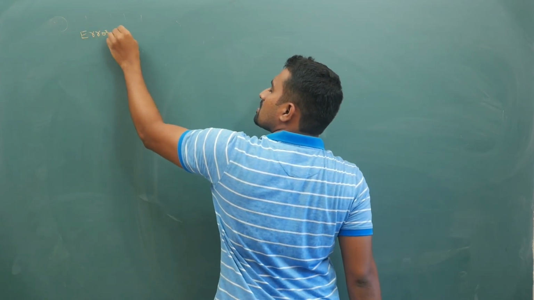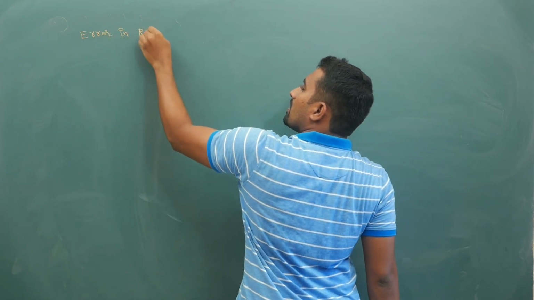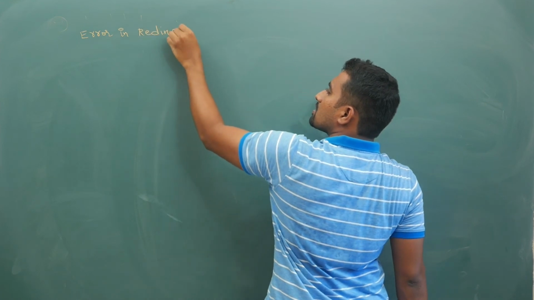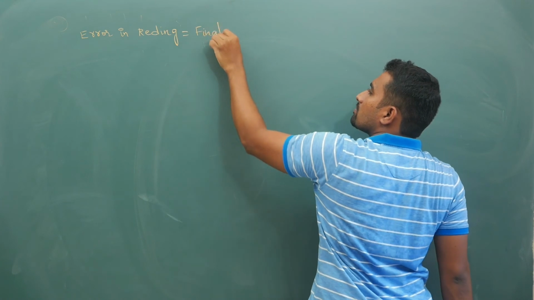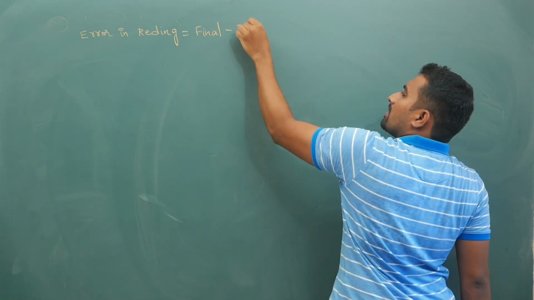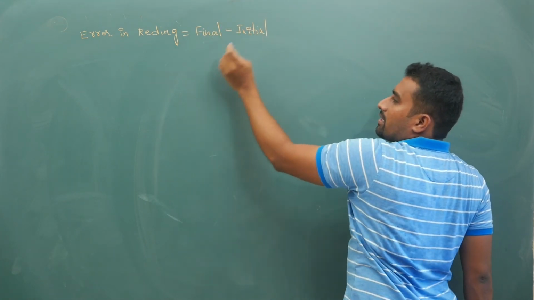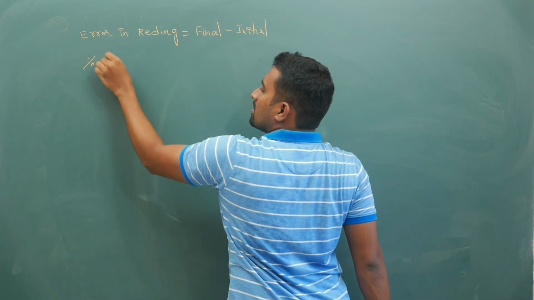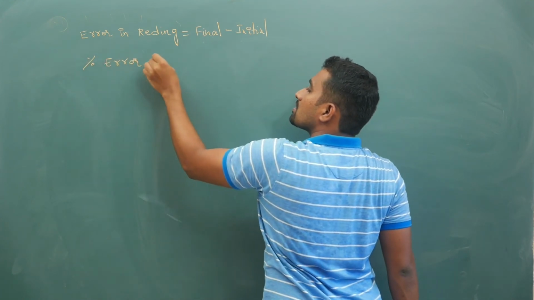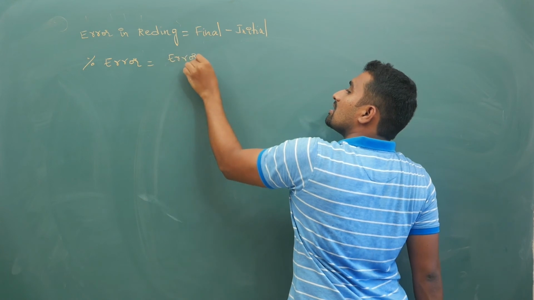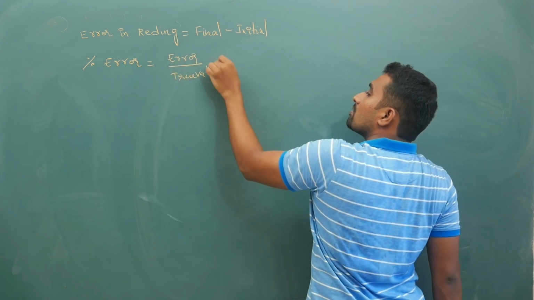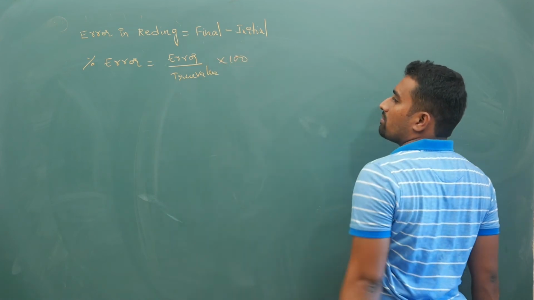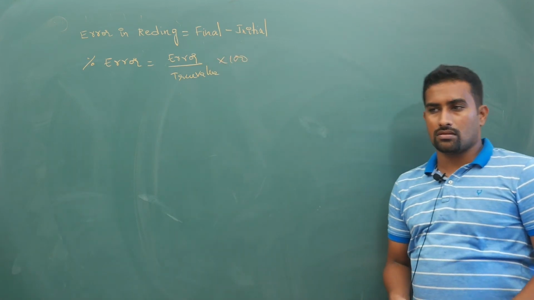Error in reading is final minus initial value. If percentage error is asked, then it is error by true value into 100. Use these formulas in the questions if required.